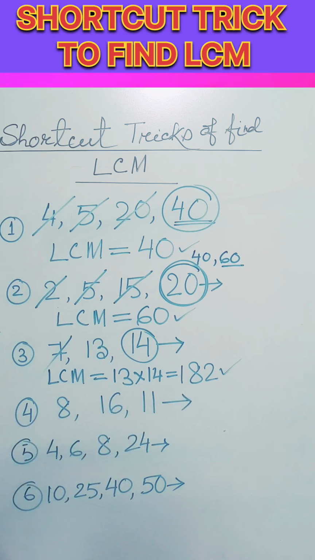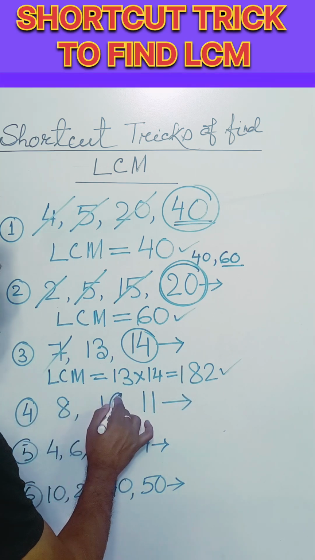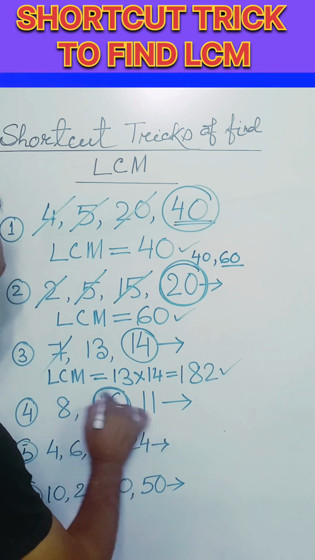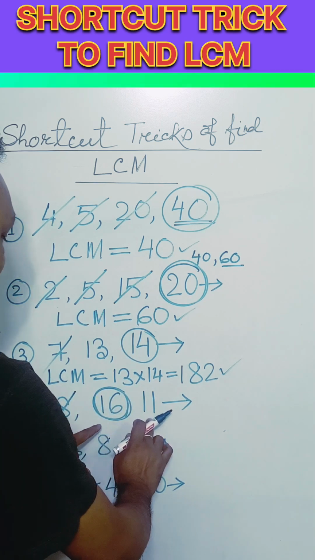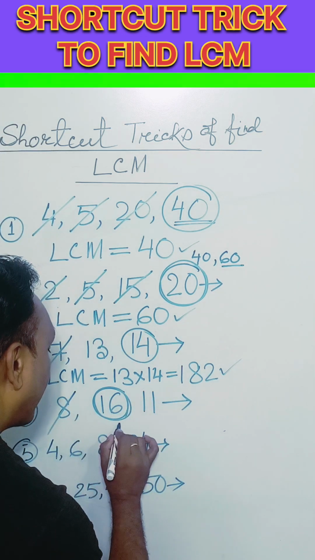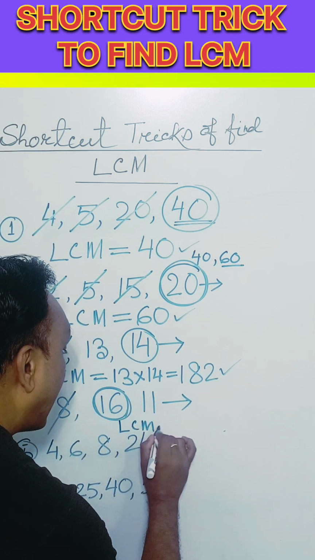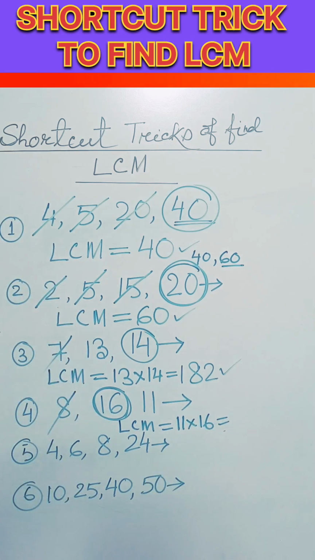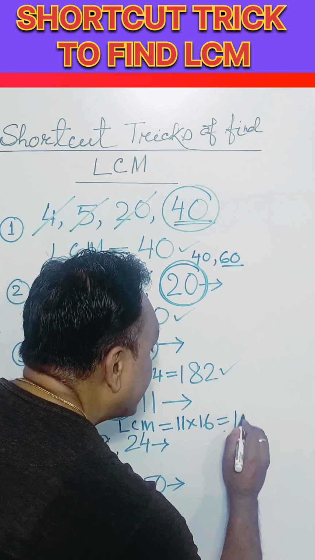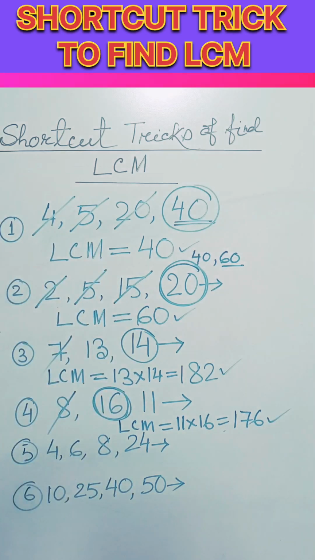Now check the number 4. Out of 3 numbers, 16 is the highest. Yes, 8 twos are 16, but 11 is a prime number. So the rule is the LCM is 11 into 16. What will we get for 11 into 16? 176 is the LCM.